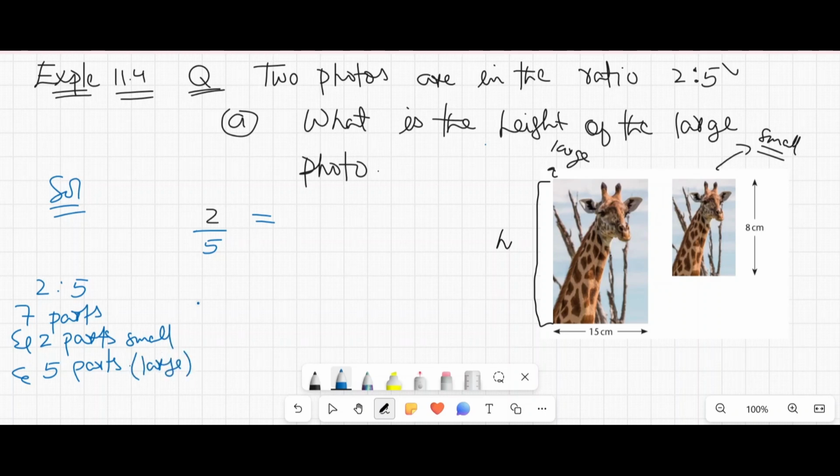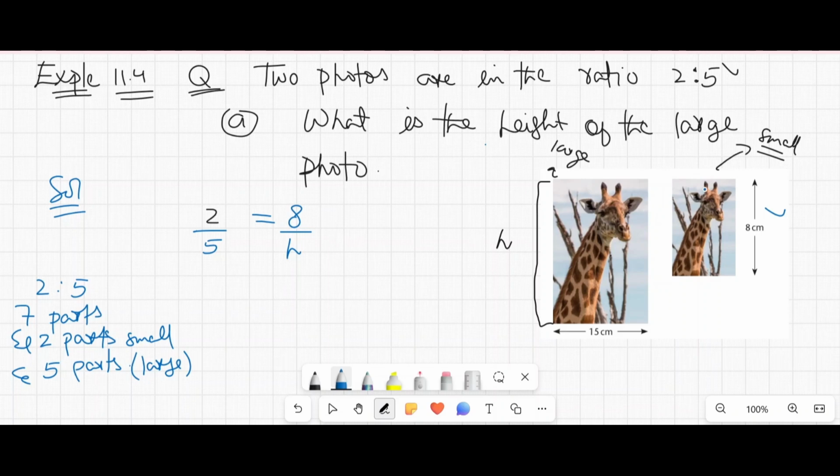Now this 2 represents the small one. The 8 centimeter is given for this, so I will write this 8 centimeter, and we find the height of this.